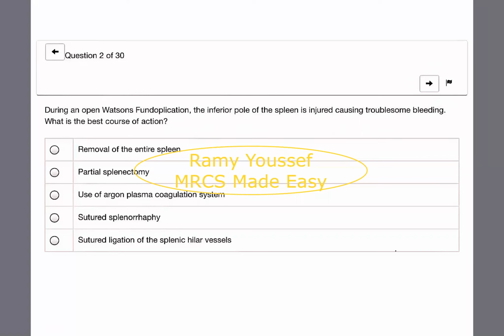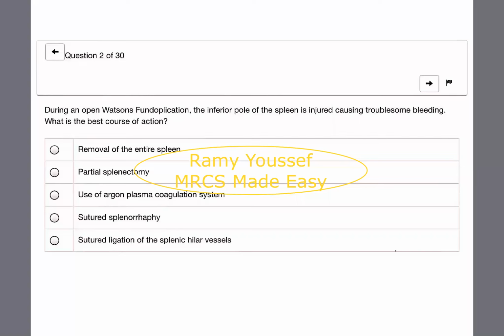We said in a crush injury, if the spleen is crushed. This is the inferior pole of the spleen that is injured. Some bleeding. Will you remove the spleen? If it is a case of splenic injury, and we find on CT a splenic injury, will you remove the spleen?